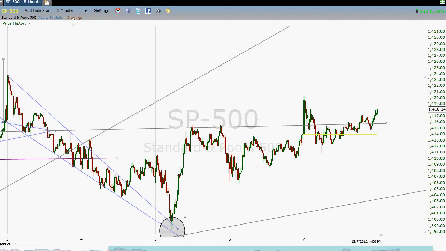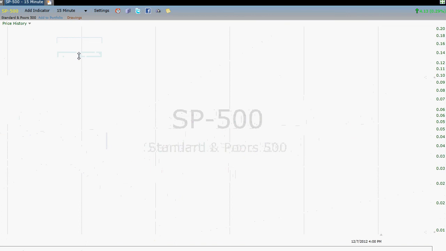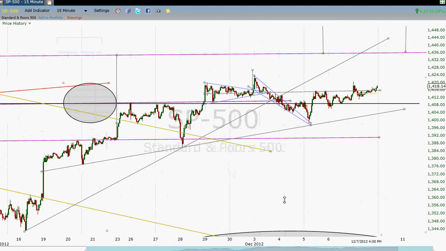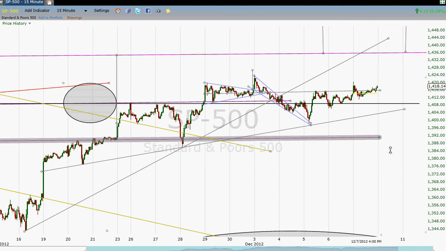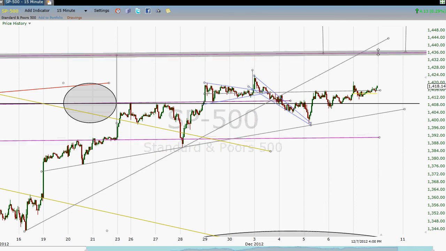Nothing really scares me here, and I will tell you once again that we are still looking at the same thing, and that is support around 1390, 1391, and resistance around 1435, 1436.